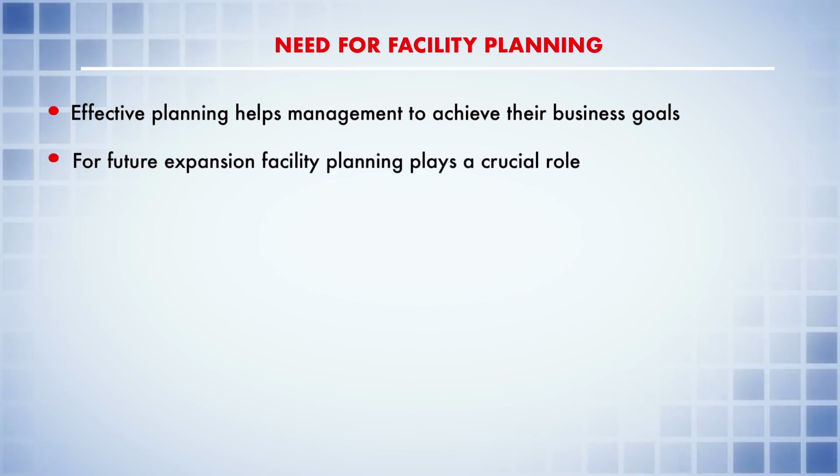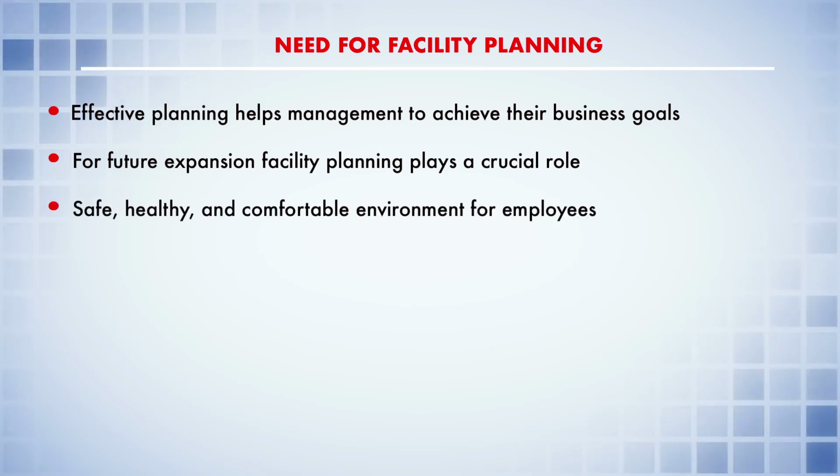Second need is future expansion. Suppose an automobile company established in 1980 is working quite well in India and they capture about 60 to 65% of the market share. They need expansion, so they need a new plant. And for locating a new plant, they need facility planning.